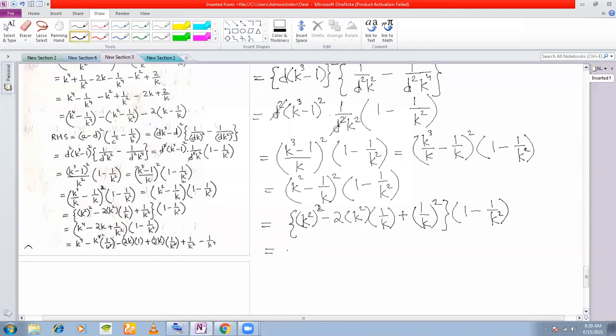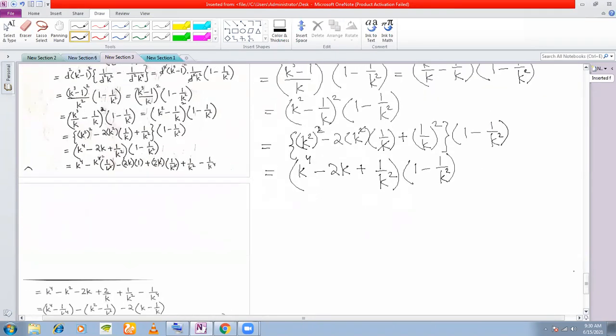Now the one that you have expanded by a minus b whole square, you simplify that. K to the power of 4. So here what happens? This k cancels. So you simply get k square minus 2k here plus 1 by k square into 1 minus 1 by k square.